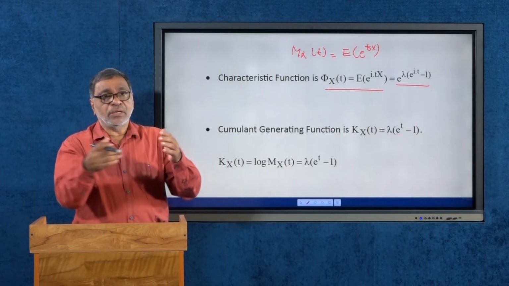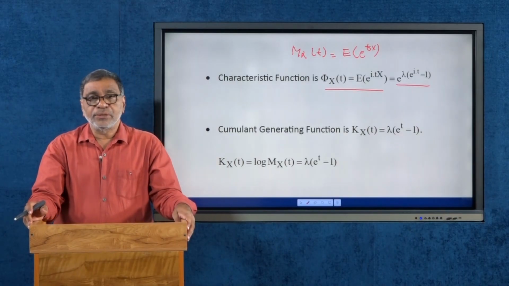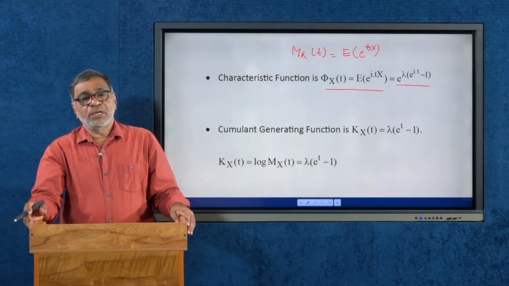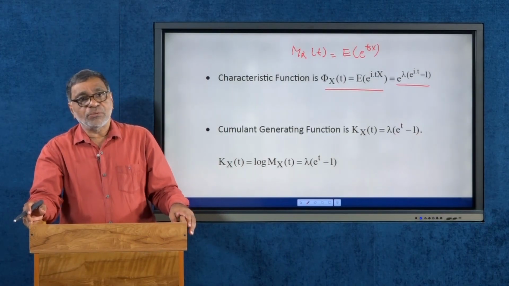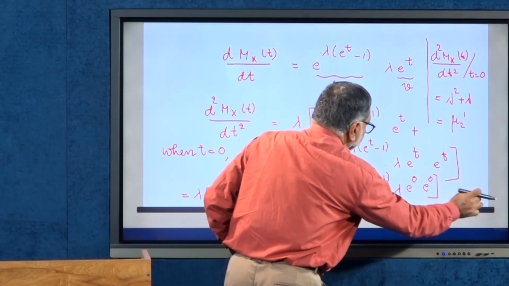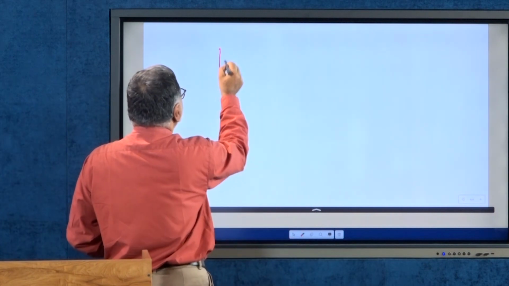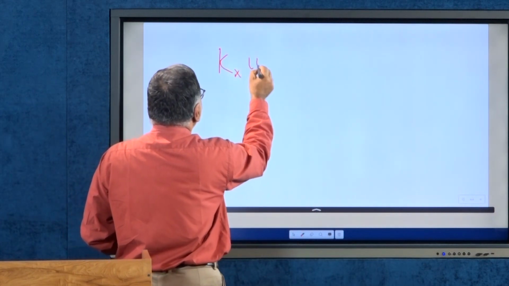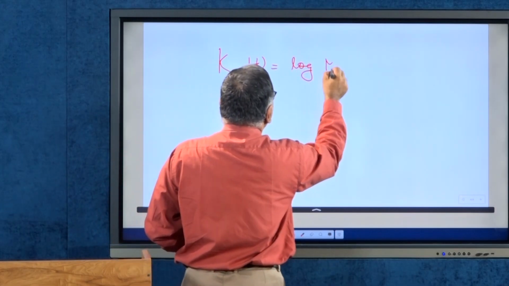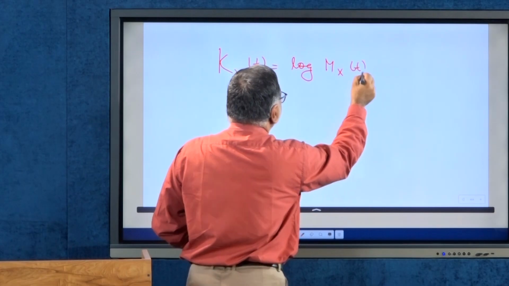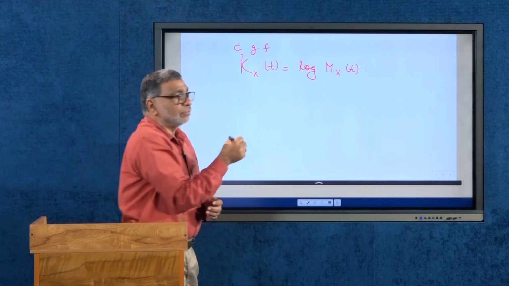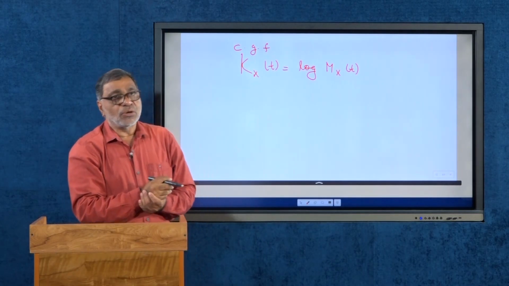And again, coming to the cumulant generating function, we have the definition that kappa X(t) is equal to log M X(t). You know that. The cumulant generating function kappa X(t) is a logarithm of M X(t).